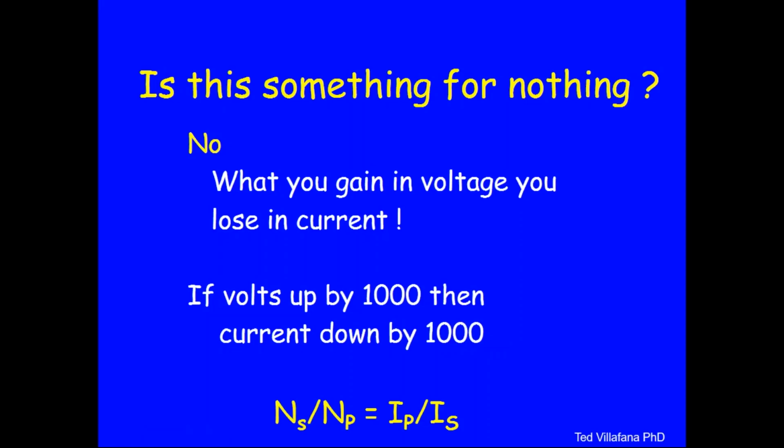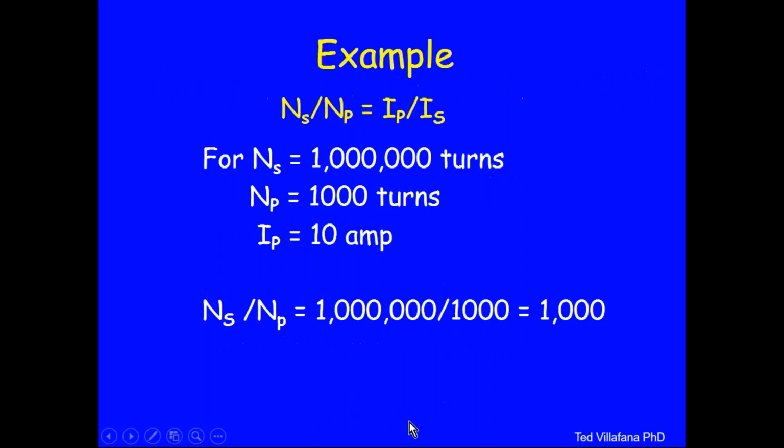Okay, and this is the expression. Notice that the S is on top for the turns, and the S was on top for the voltage, but when it comes to current, it's reversed, it's inverted. Okay, our time is running short. Here's an example of the current to show you that if you go from 1,000 turns to 1,000,000 turns, you went up by a factor of 1,000, you're going to go down by a factor of 1,000.